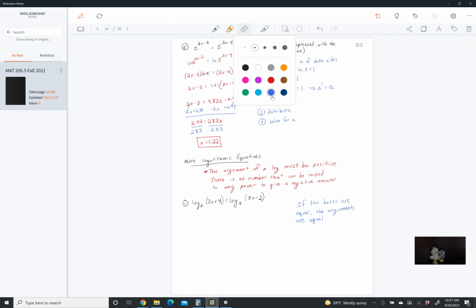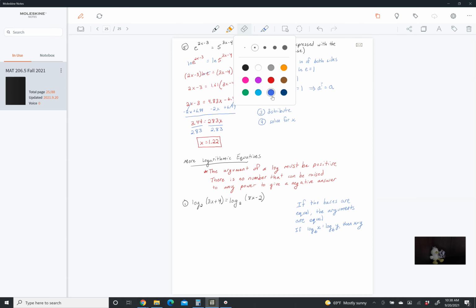If log base b of x equals log base b of y, then x equals y. Okay, it was that property of logs.